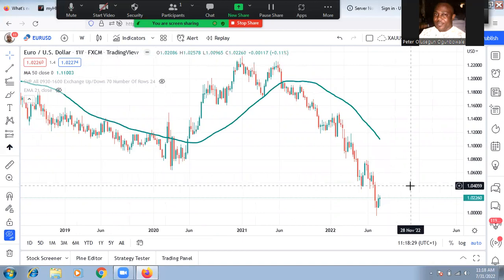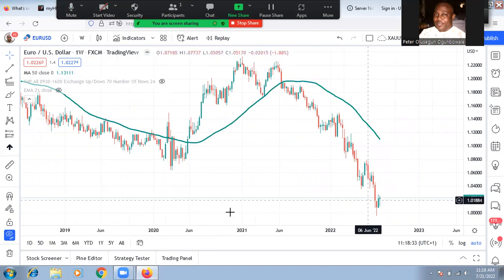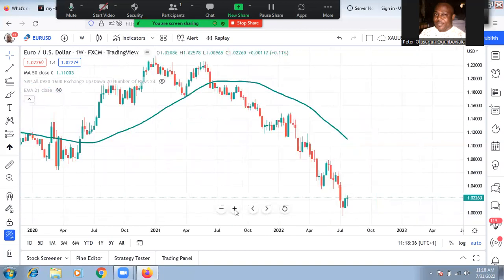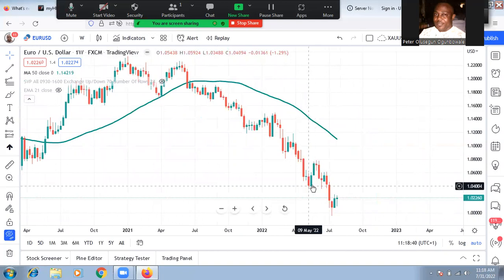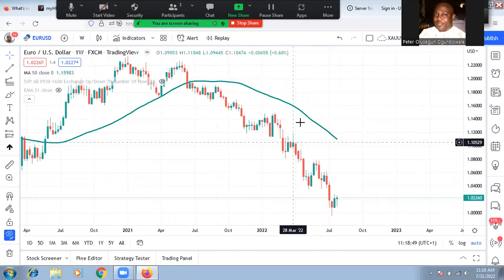And if you look well at this structure that you are seeing here, we can say that we begin after this correction here, we'll begin another structure. So correction, a new structure, correction, a new structure.